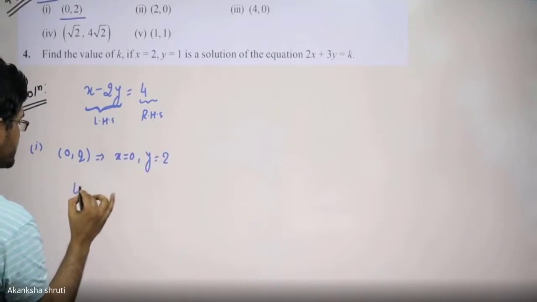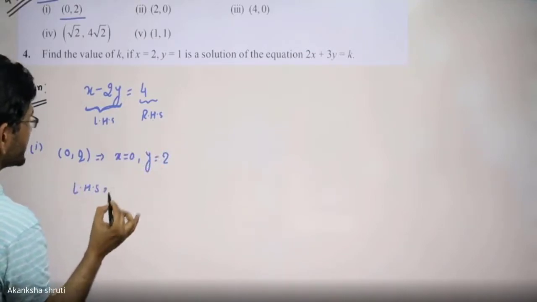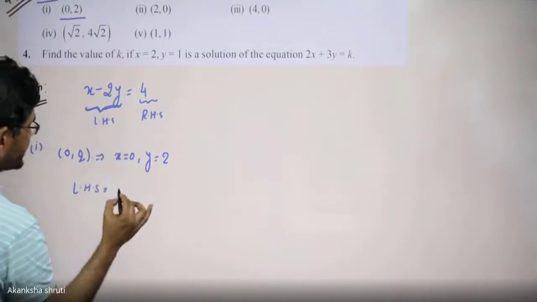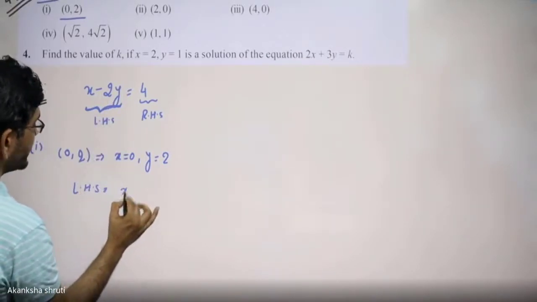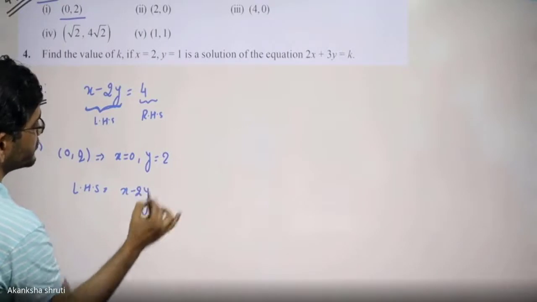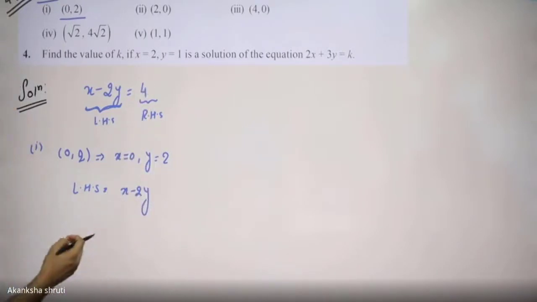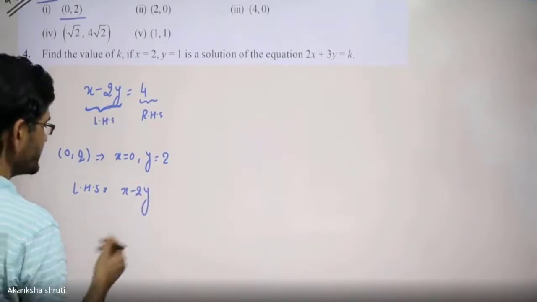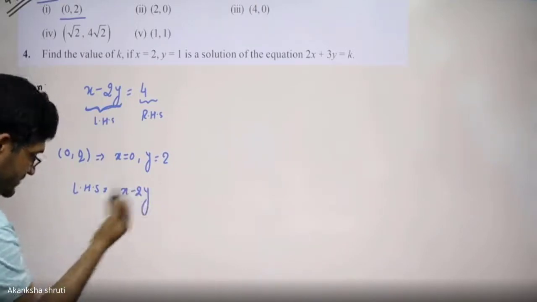Substituting this, our LHS, whatever is given in the equation as LHS, you have to take that, x minus 2y. Do not take this RHS together, though you may take or verify together, but this is better.